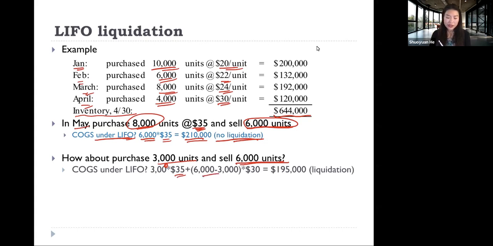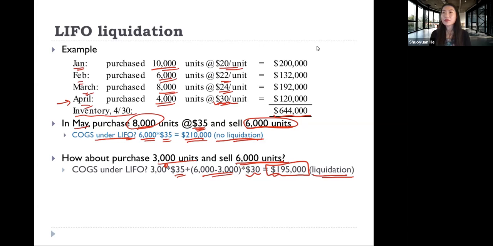And then for the 3,000 units that are left, we need to take them from the purchase in April, and the unit cost for those is $30 each. So our cost of goods sold in this situation is $195,000. And this is the situation of liquidation.